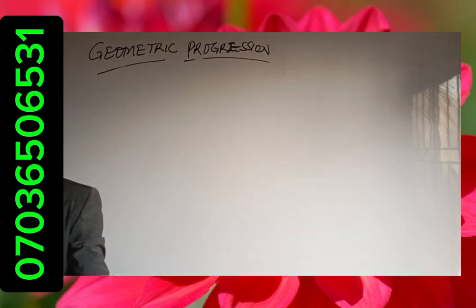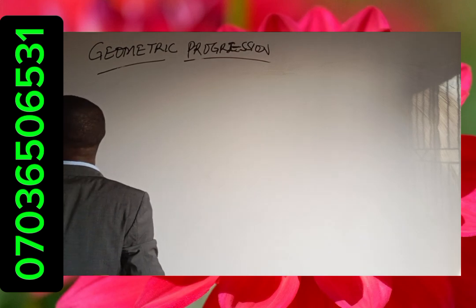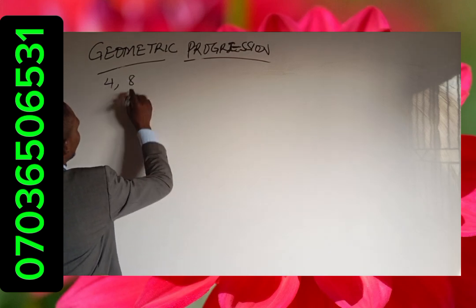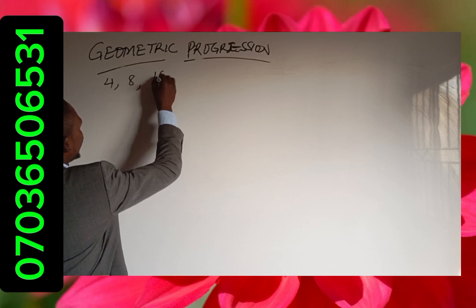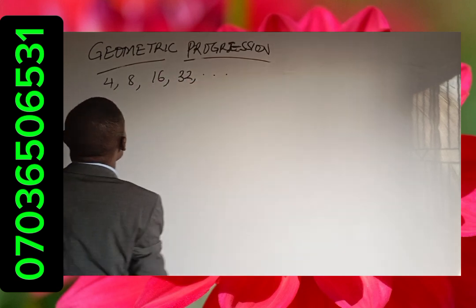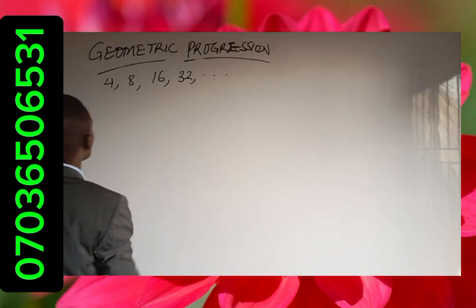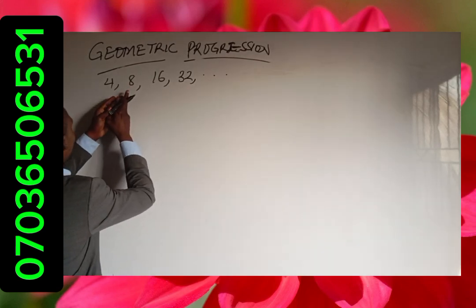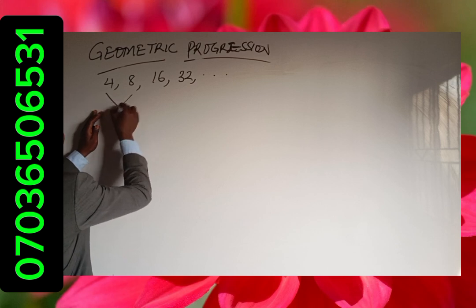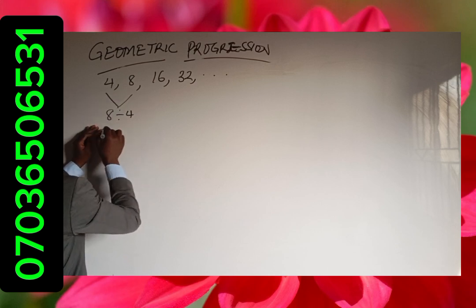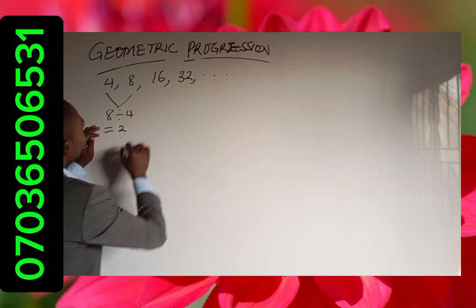For example, if you have something like this: 4, 8, 16, 32, dash dash dash. This is a sequence. Now, take these two, 4 and 8. 8 divided by 4 is 2.